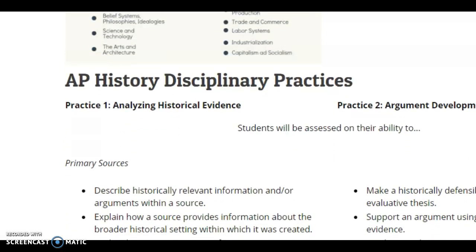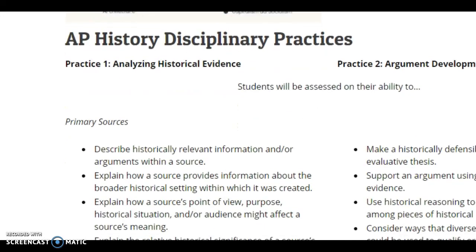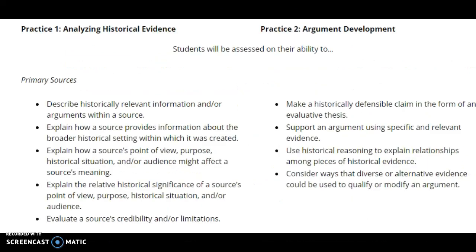It's also this idea that you need to analyze historical evidence and you need to develop your argument. Development is cut off there, but this is practice 2, argument development. And so these are the things that you will be assessed on throughout the class. Sorry about that. My screen was funky there, so this gives you a clearer view.